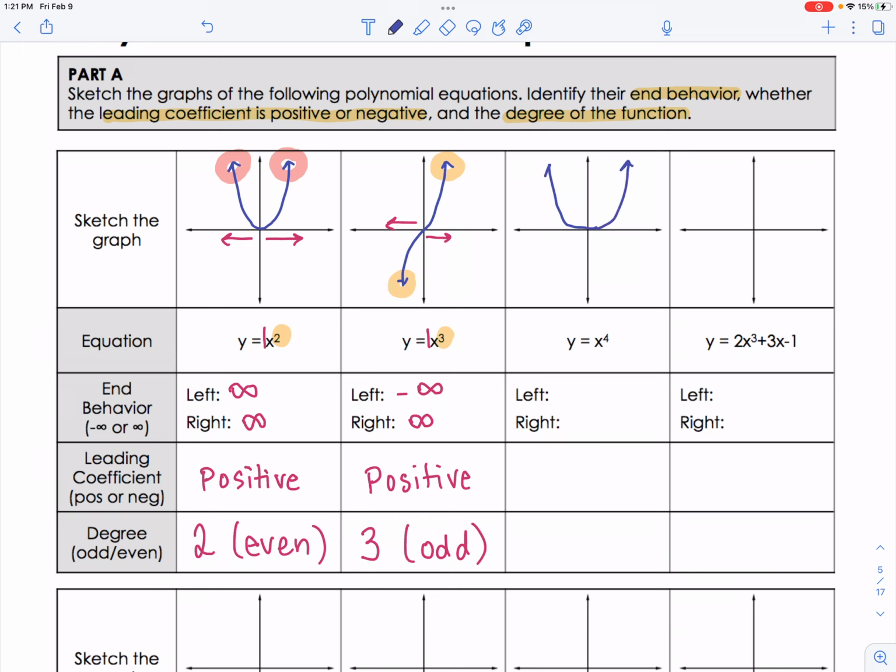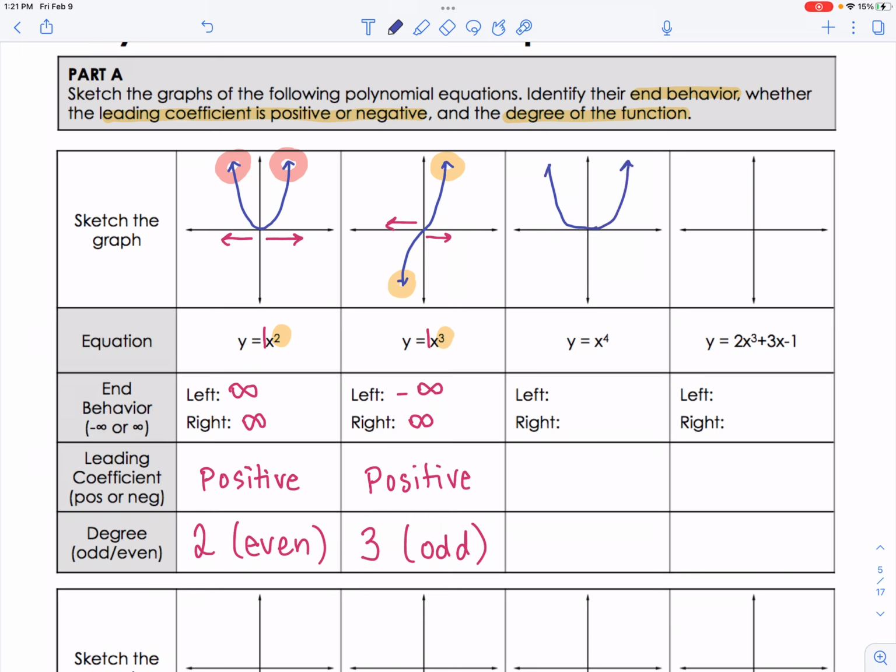Next, if I graph 2x cubed plus 3x plus 1, it's going to look something like this. If we look at the end behaviors, I'm going to circle them. As we go to the left, my graph is going down towards negative infinity.